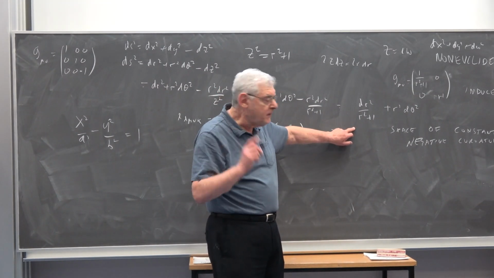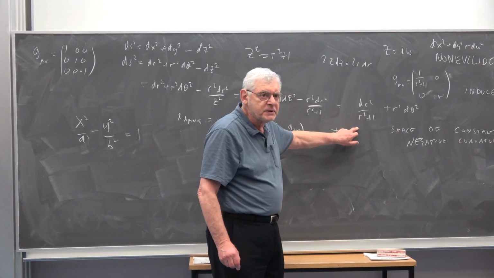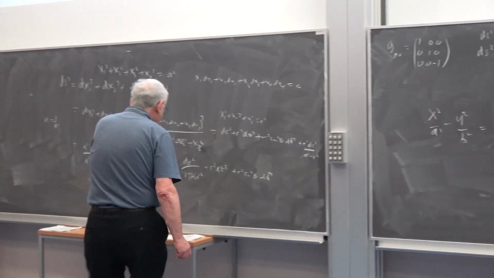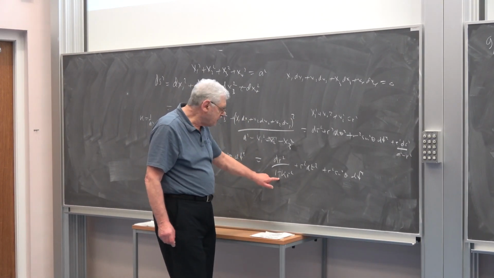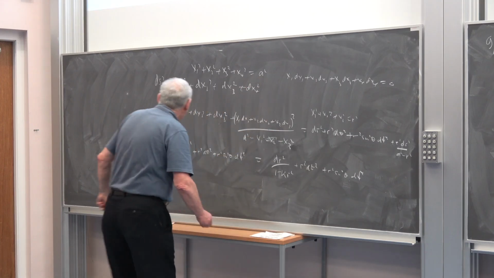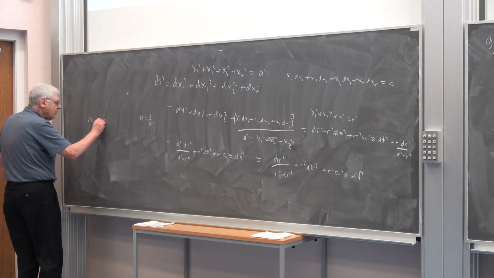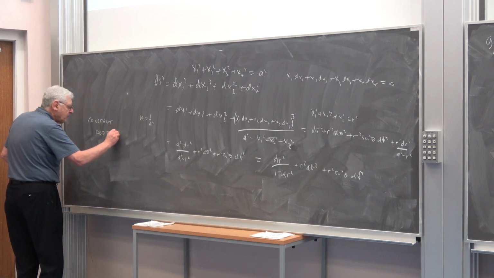But there's a key feature that's different here. This is 1 plus r squared, and this is 1 minus r squared. The minus sign is because I had plus a squared here. And this is a space of constant positive curvature.